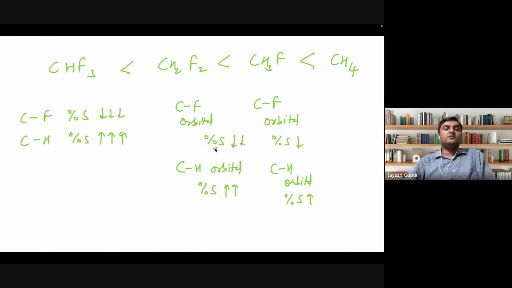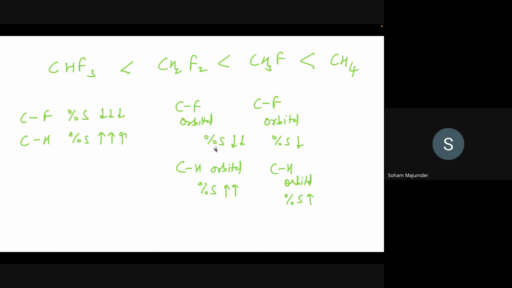See, whatever you have done with respect to lone pair: if you are getting lone pairs, the number of lone pairs increases, so the percentage S character of that orbital will increase, because a lone pair goes to the position where electronegativity is high. But a higher EN atom will go to the position where EN is less, because high EN atoms will repel each other. Like what you have done, carbon fluorine is having higher percentage S character. This you have done, no?